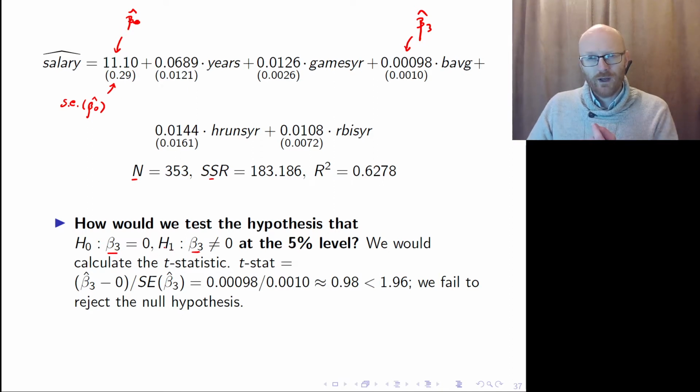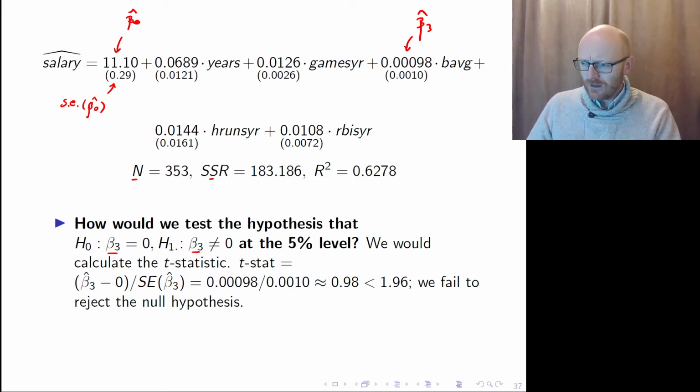In our hypothesis we always make the alternative hypothesis first, and we say that we believe that the slope on batting average is different from 0, which means that we believe that batting average is a relevant metric to understand the salary of baseball players.